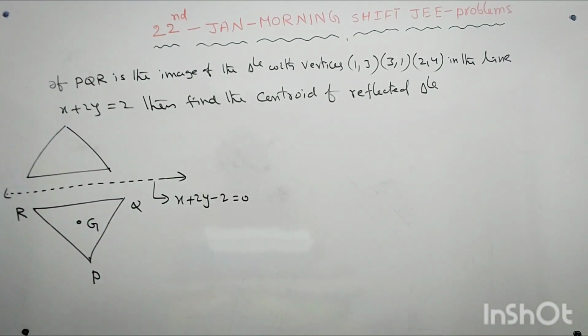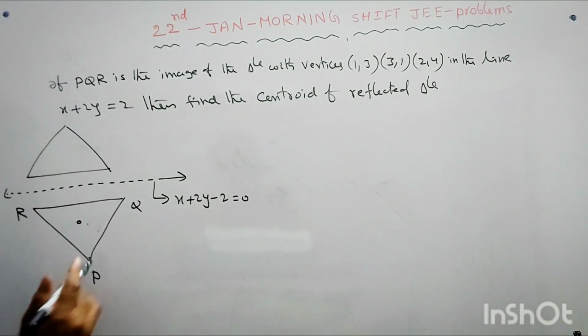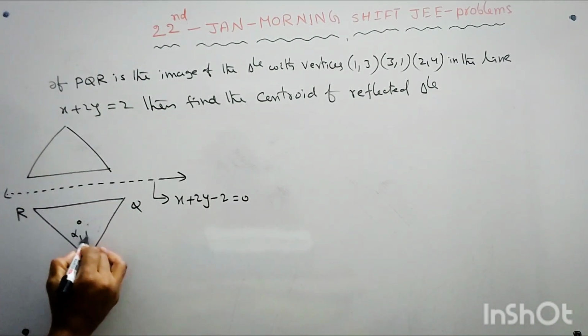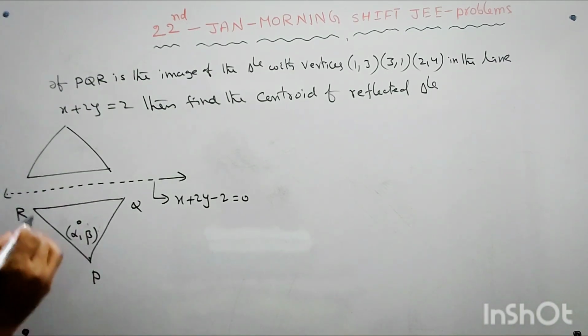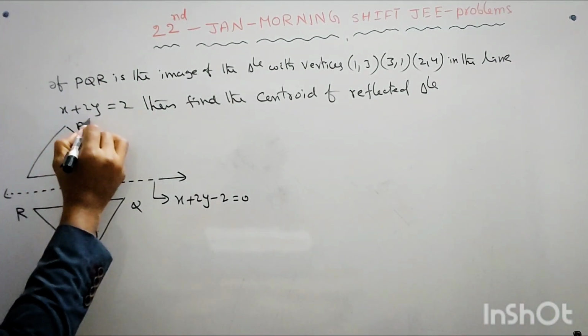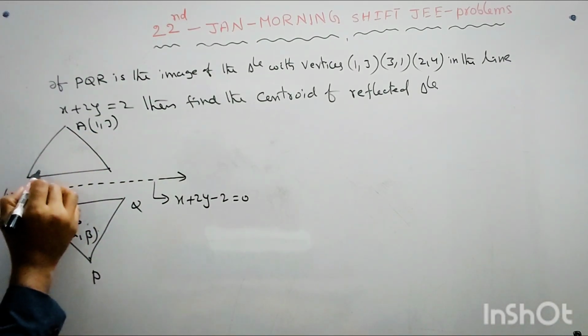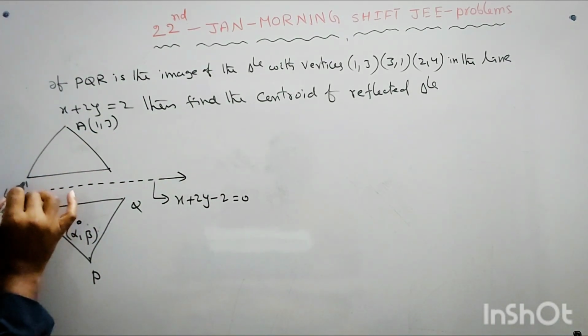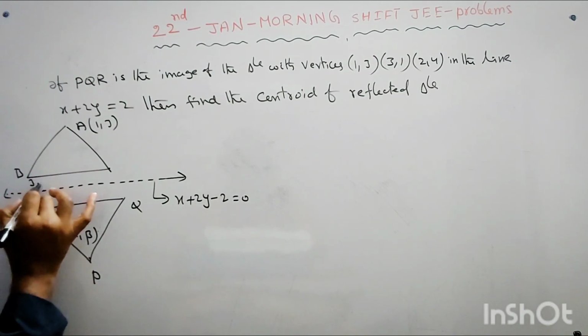Okay, right? So then see, I am taking this reflected triangle's centroid as alpha comma beta. Here vertex A is given as 1 comma 3. Vertex B is given as 3 comma 1.